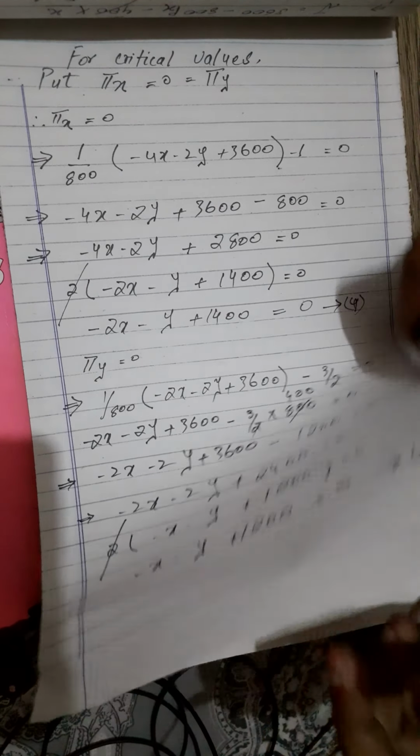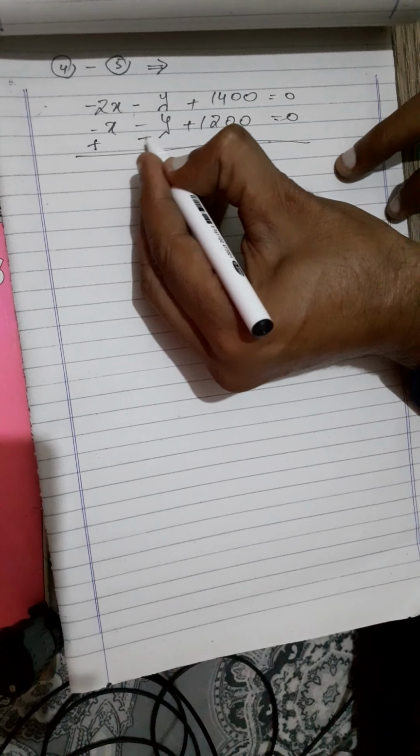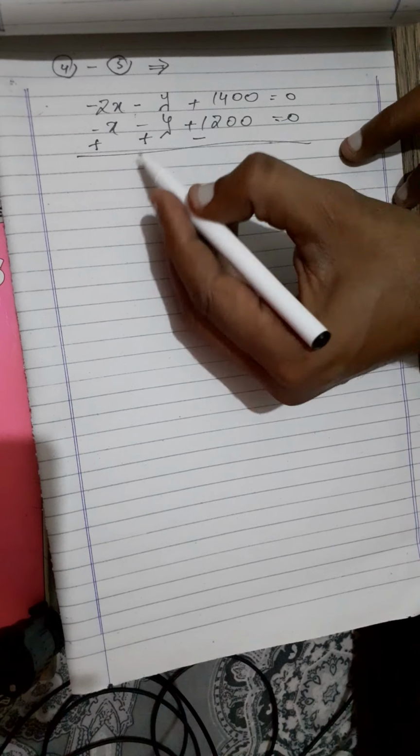The fifth equation is minus x minus y plus 1200. Now subtracting, change the signs. Minus y plus y is cancelled. Minus 2x plus 1x means minus x plus 200, 1400 minus 1200 is 200, equals 0. This implies that x equals 200.